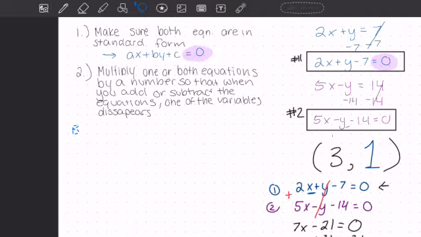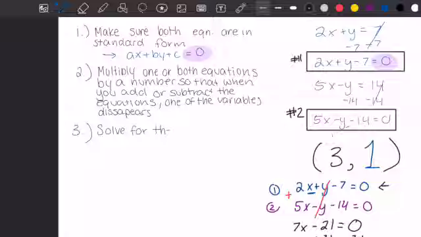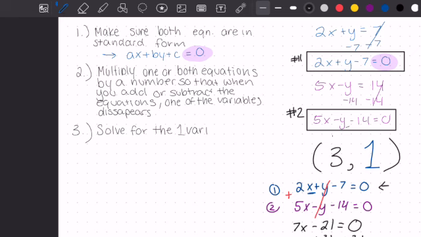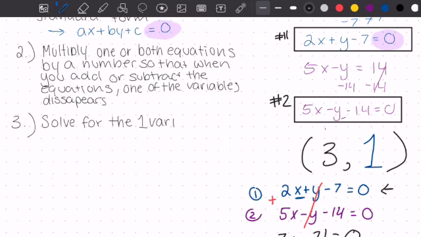But our third step that we did here, you can write it anywhere on your notes, is solve for the one variable that remains. And substitute for step 4.